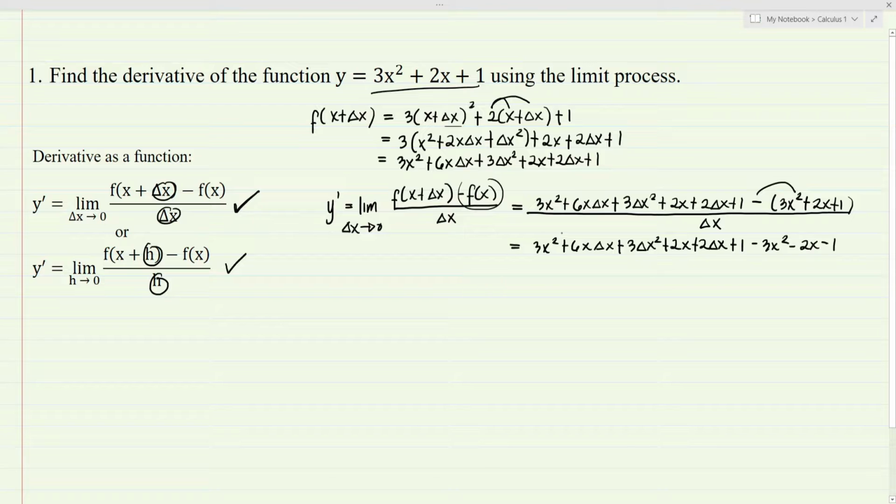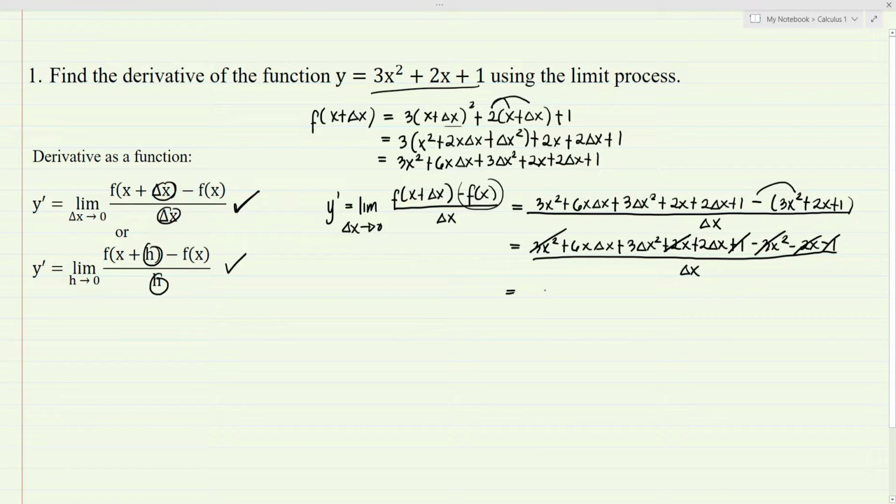I can cancel out 3x squared negative 3x squared, positive 2x negative 2x, and positive 1 and negative 1. Then I will divide the simplified form of this one by delta x.